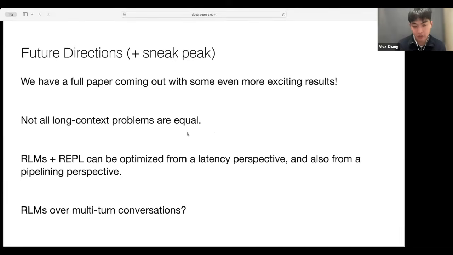Another question is, are there interesting applications that aren't based on long context quality? I suspect managing intermediate results in a REPL would allow for better decomposition of results and tasks. Yes. So this goes back to my point that every task is a long context task in some way.